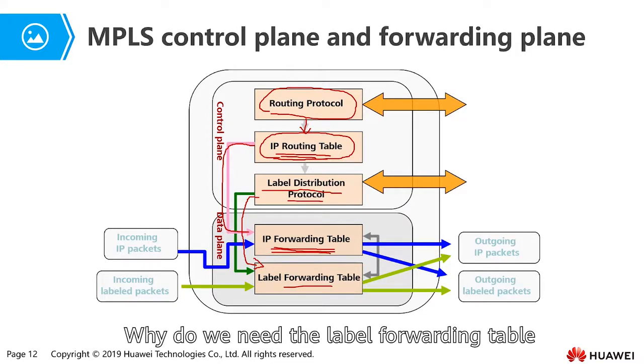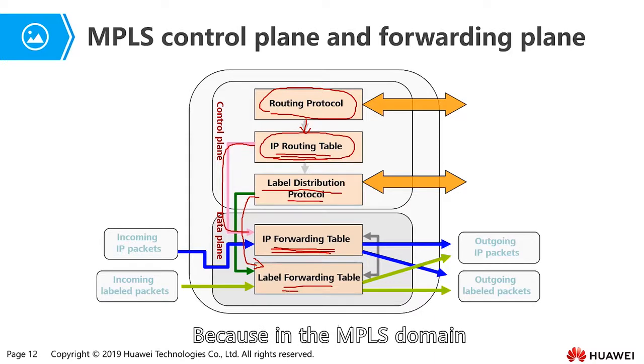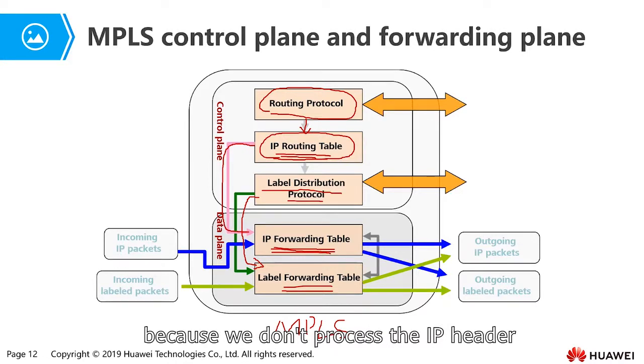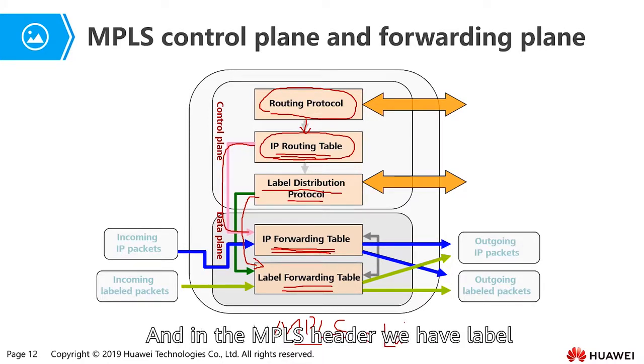Why do we need the label forwarding table? Because in the MPLS domain, we don't need to use the IP routing table, because we don't process the IP header. We just need to process the MPLS header, and in the MPLS header we have the label.